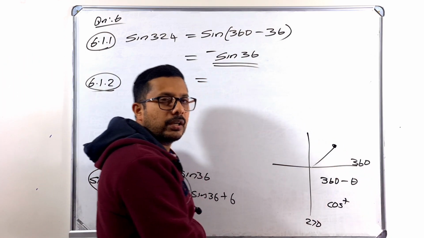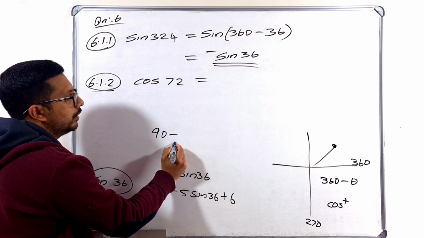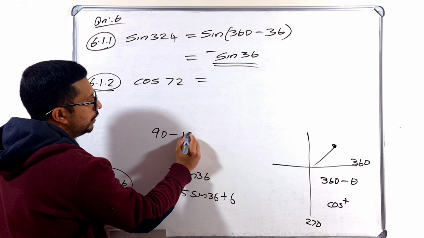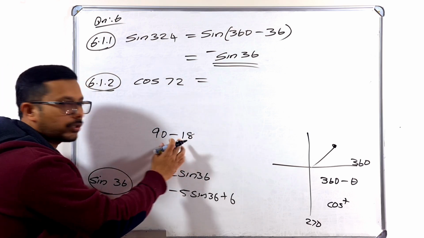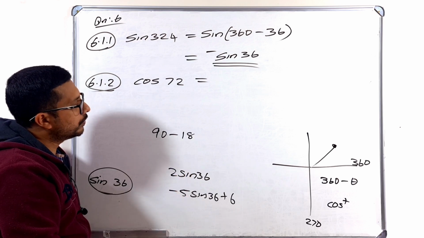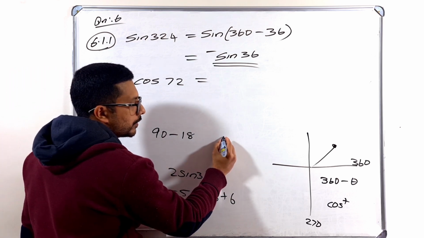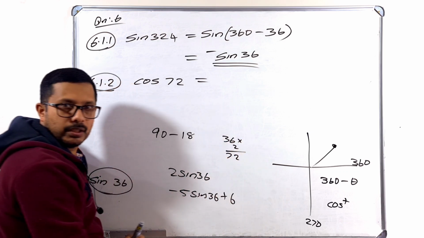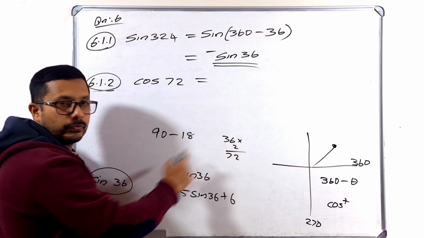So we can't write 72 as 90 minus what? 90 minus 18 is 72, but it's 18, not 36. So what can we do here? What is the double of 36? 36 times 2, what is that? 72.